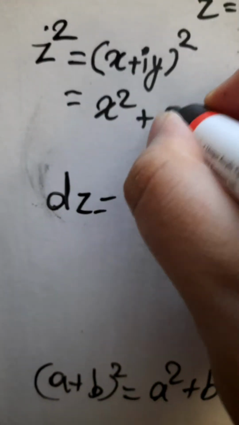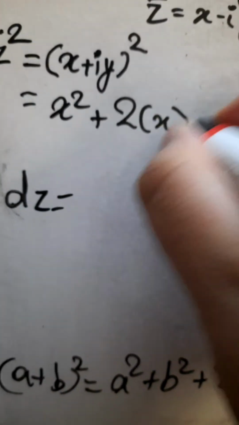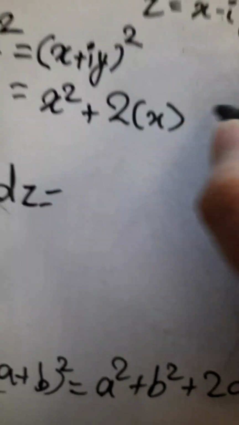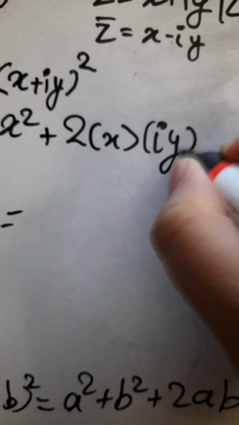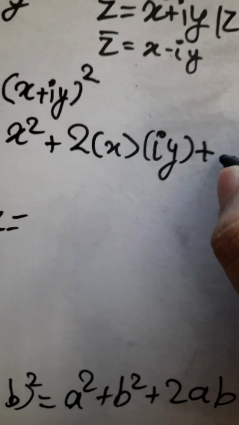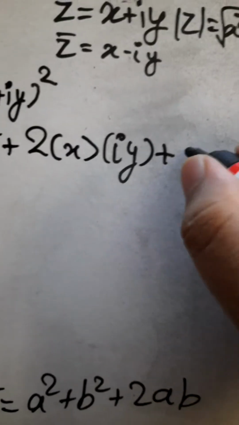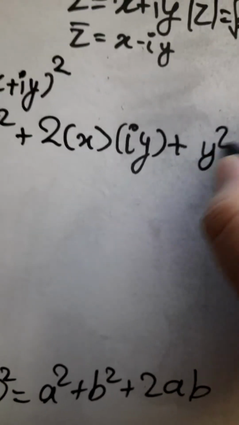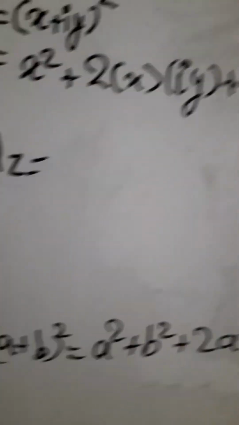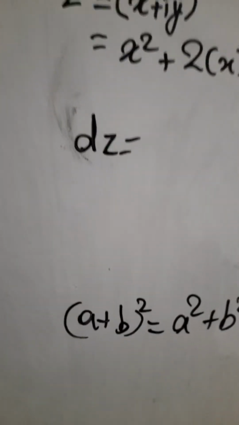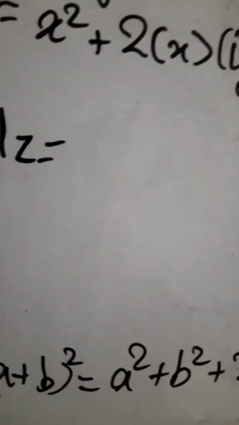So by this formula it would be x square plus 2 into x, a is x, b is iy, plus y square, yes, y square. So this is z square, okay.